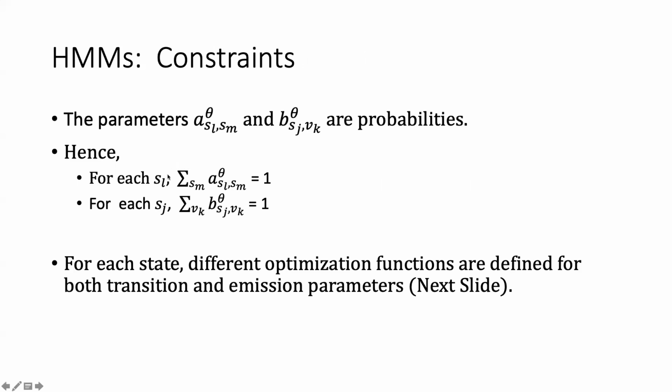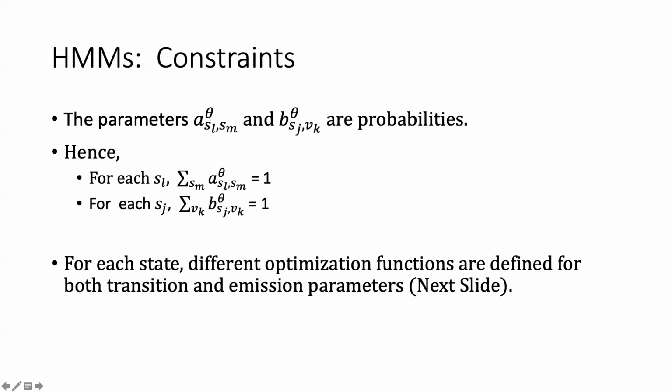So for each s_l, the transition probabilities summing over all possible reachable future states should sum up to 1, and similarly within each state, the emission probabilities summed over all possible words should sum up to 1. So these are the constraints used to solve the objective function.